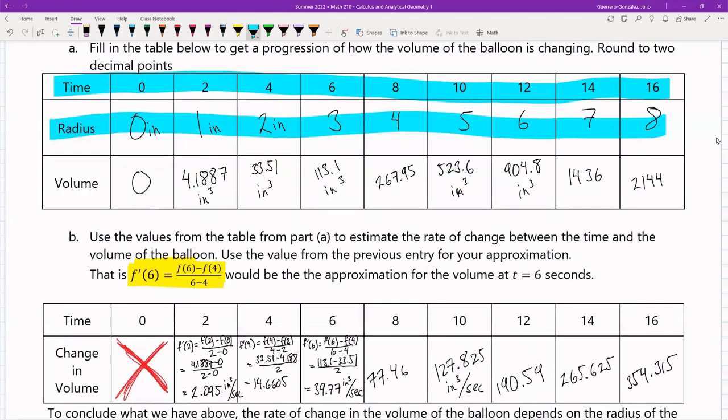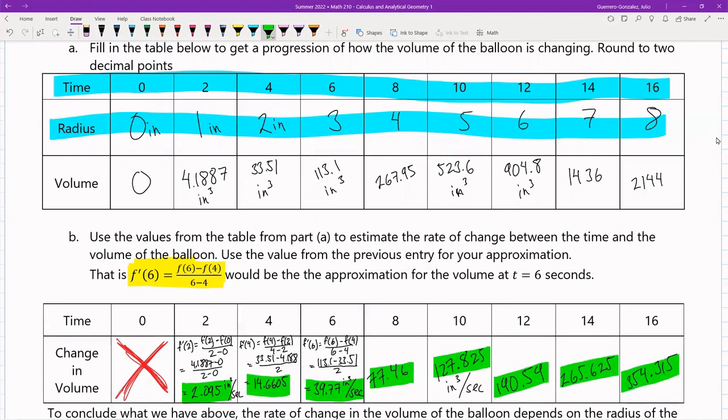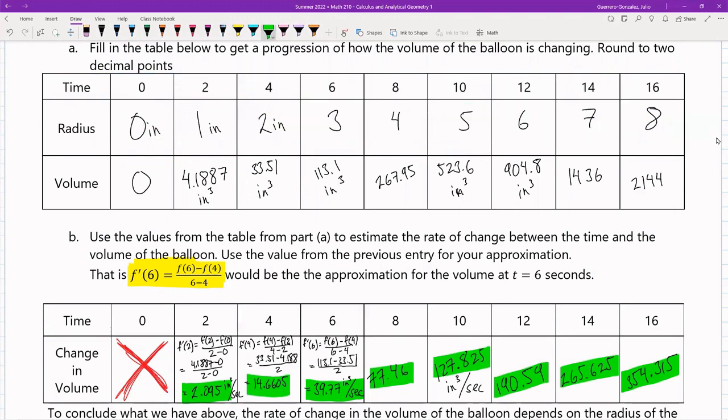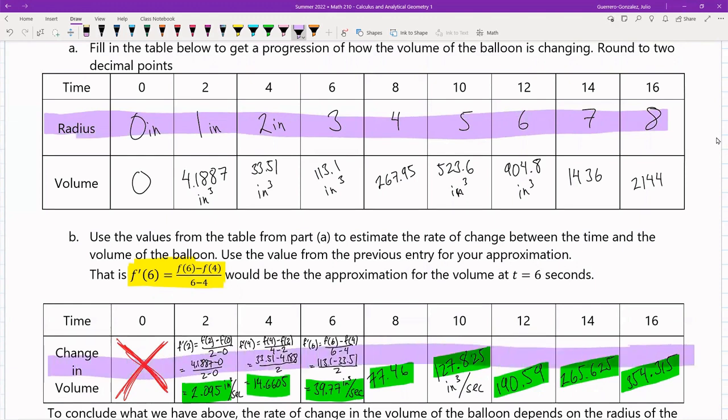And in looking at the volumes, highlighted in green here, we found how quickly our volume was increasing. Now let me highlight the two important rows we need to concentrate on here. As our radius changed, our volume changed as well.